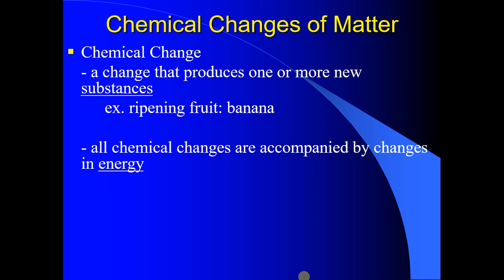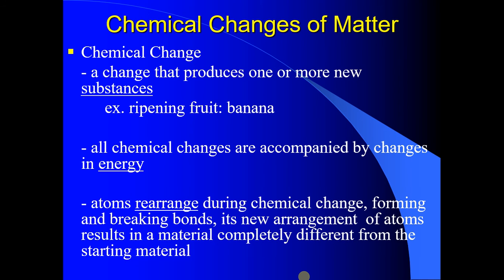All chemical changes are accompanied by changes in energy, either losing or gaining energy. So in a chemical change, the atoms that make up a substance are rearranging during that chemical reaction, forming and breaking bonds, arranging themselves in a new way that results in a new material that has different properties from the starting material.